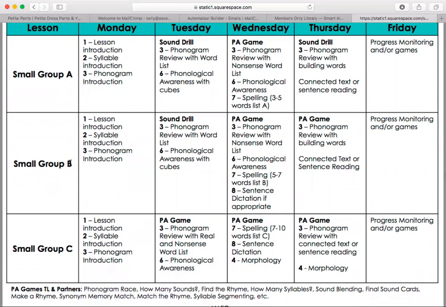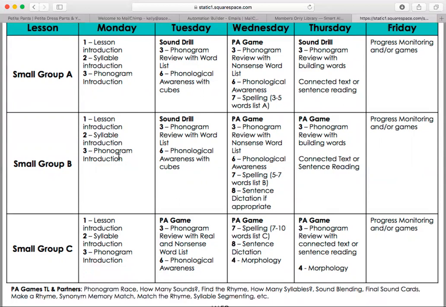That means those students in that group will be walking through the lesson using these steps. And although the numbers look out of order, what the numbers are doing is they're correlating to that number one lesson plan you have from your toolkit. So if you look at that lesson, you are doing parts 1, 2, and 3 of that lesson on Monday.